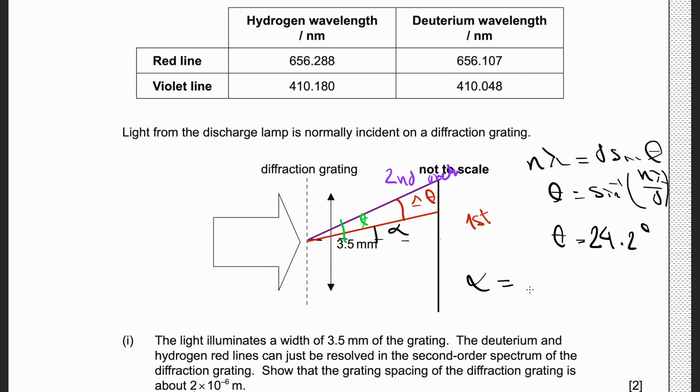And your alpha, using the same formula, but instead of 2, you're gonna write 1 for your n, and lambda is the red line, so 656.288 times 10 to the power of -9 over 2 times 10 to the power of -6. It's gonna give you 19.2 degrees. So if you find the difference, 24.2 minus 19.25.